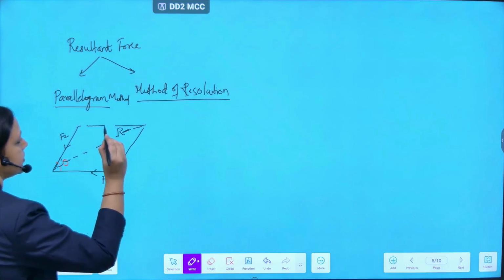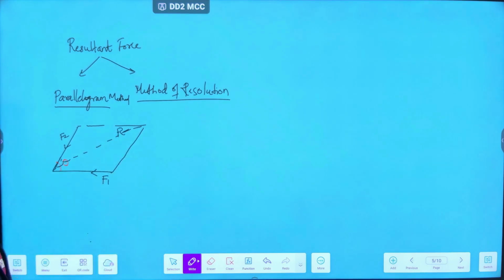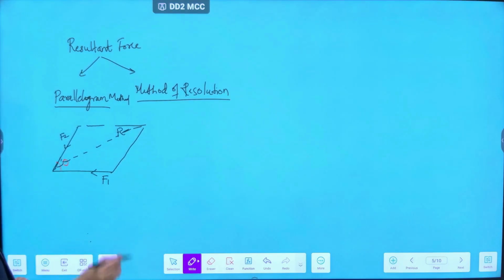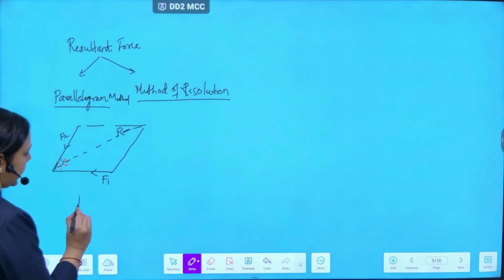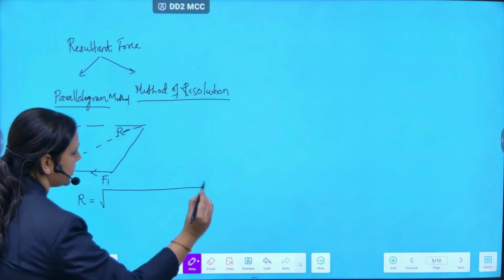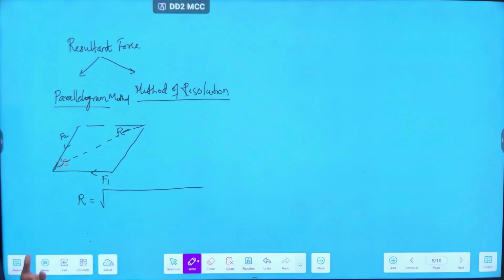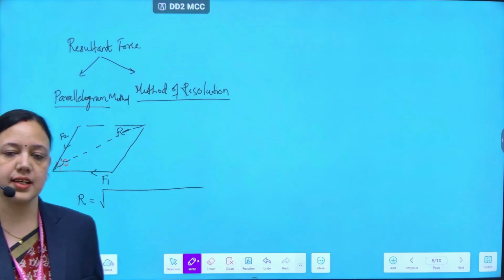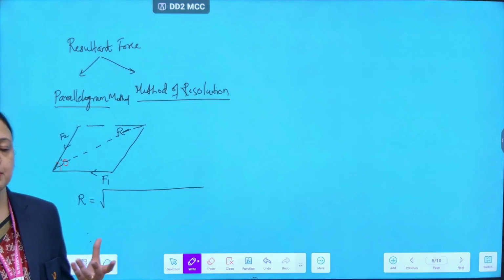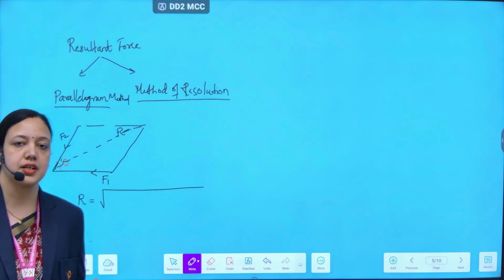So here it is. Now this resultant is nothing but the diagonal of the parallelogram. How do we calculate the diagonal of a parallelogram? That is the basic elementary formula that we studied earlier in our 9th and 10th class, calculation of a diagonal using the parallelogram theorem.